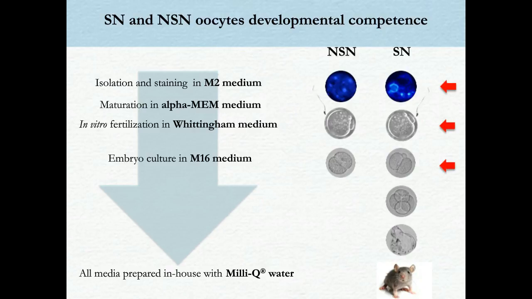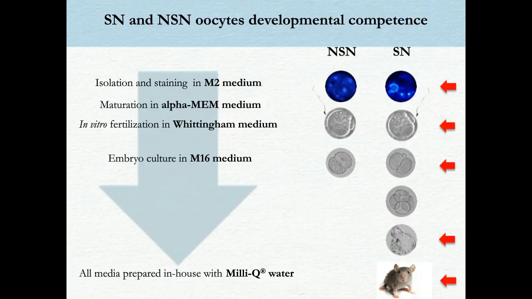All the media used were prepared in-house in Milli-Q water. In summary, these experiments showed that those oocytes with an SN type of chromatin organization may develop to term, whereas those with an NSN type of chromatin arrest development at the 2-cell stage.